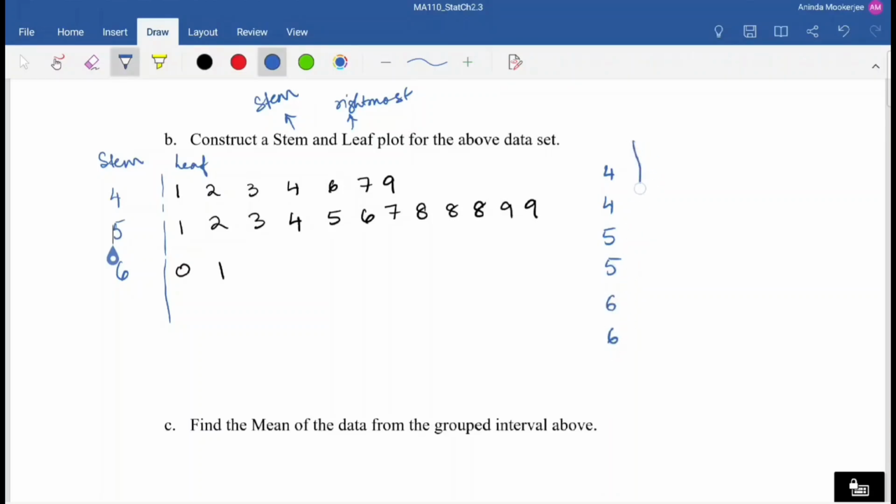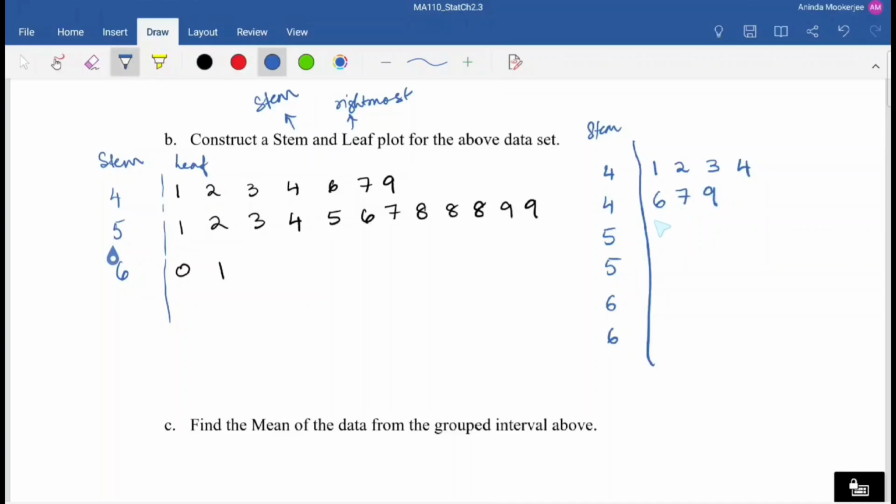All right, and then those would be our stem values, and the leaf values would be like this: 1 2 3 4 for the first stem for 4, and then we would have 6 7 9.